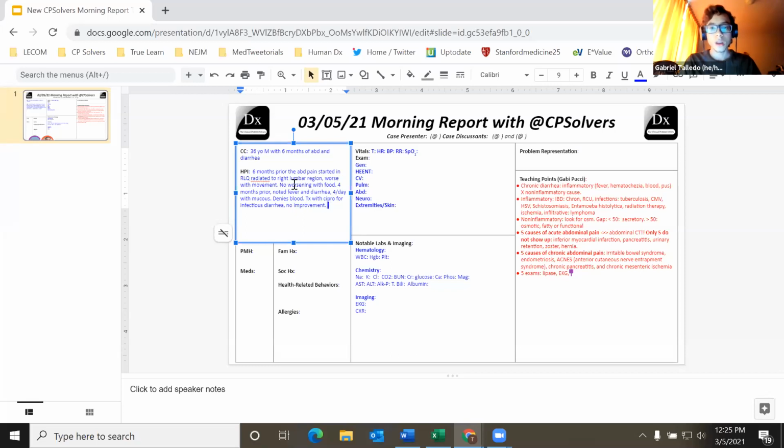3 months before, he referred a development of a hard rock painful mass in the right lower quadrant abdomen. In all the course of the disease, he had lost 15 kilograms.